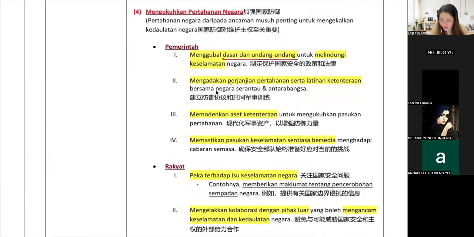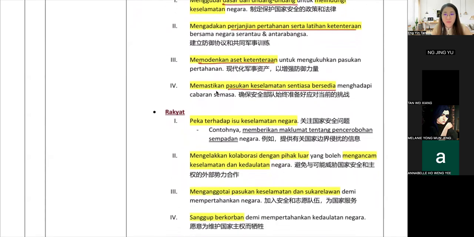Okay, mengadakan perjanjian pertahanan and the training with other countries. Whether it is a neighbor, negara serantau, which is our neighborhood lah, or maybe with other international countries out there lah. Okay, modernkan your asset ketenteraan. Train your team. Make sure they are always ready to face the challenges.